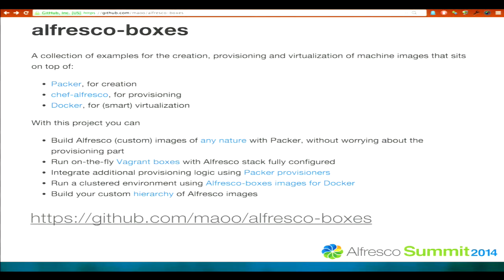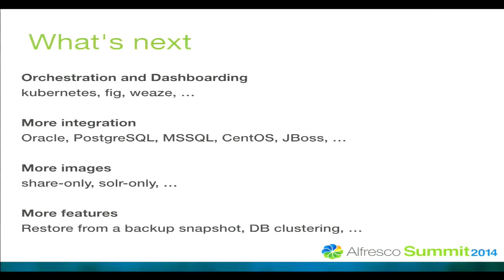Again, it's a community effort, it's experimental, but I would really love to get your feedback, not only on features, but most importantly on documentation. What is next? Orchestration and dashboarding. This is where Chef Alfresco and Alfresco Boxes in general are lacking. I would like to have a dashboard where people can compile the JSON elements and run them remotely.